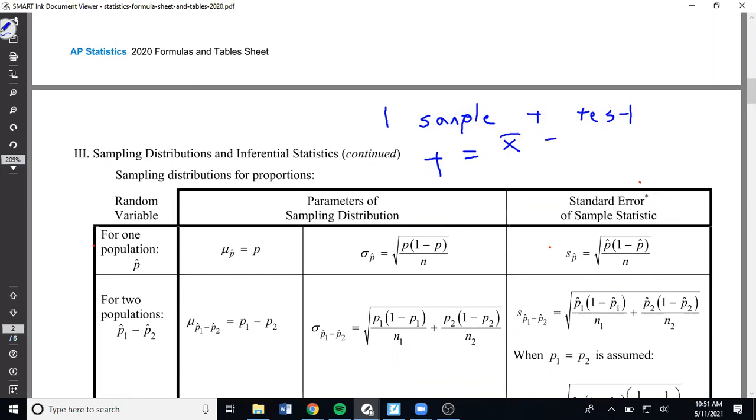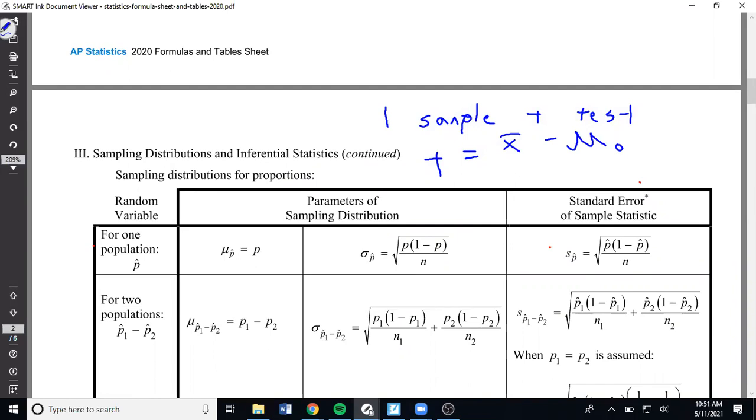Minus, what usually goes in this spot is whatever the null hypothesis says. So in this case, mu naught, the mean of the null hypothesis.